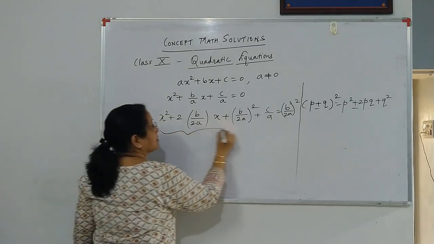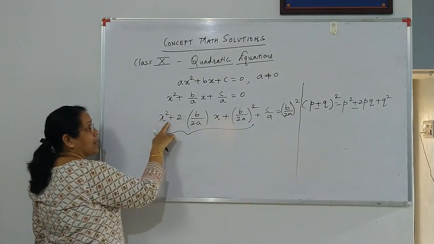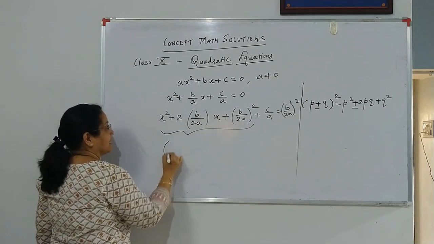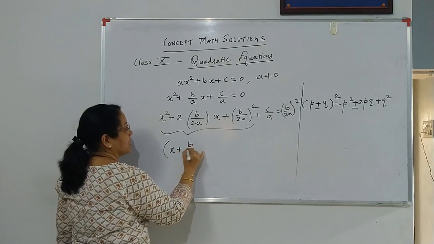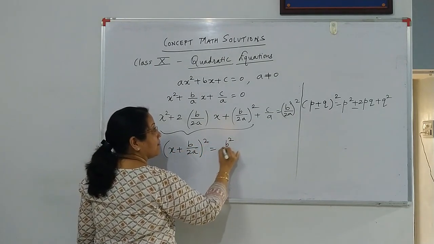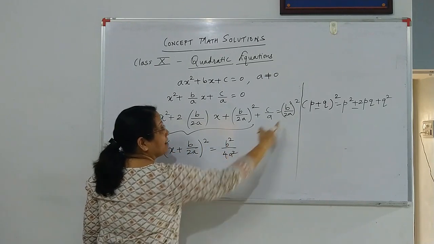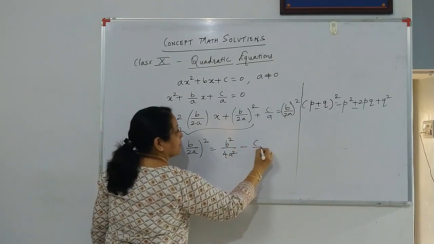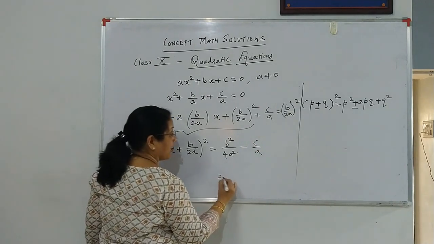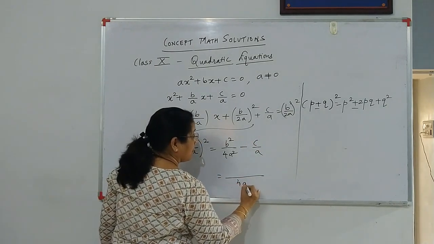Now you see this is a complete square, p square plus 2pq plus q square. So that is x plus b by 2a whole square equals b square by 4a square, and this c by a I am shifting with a minus. Now 4a square and a, the LCM is 4a square.